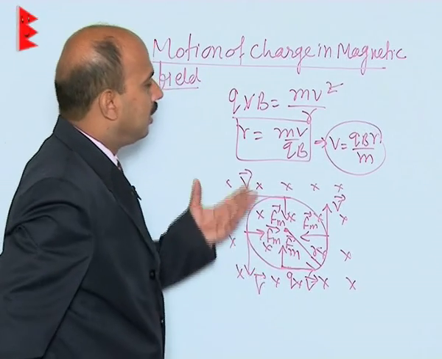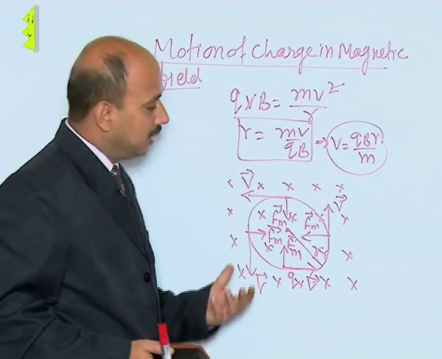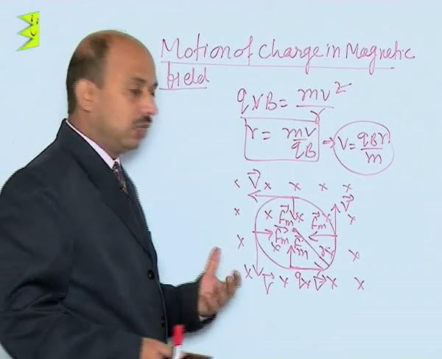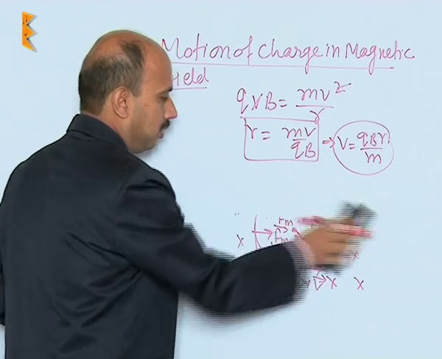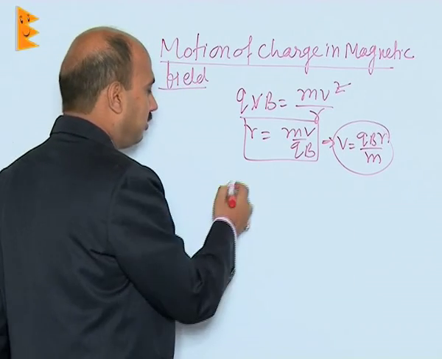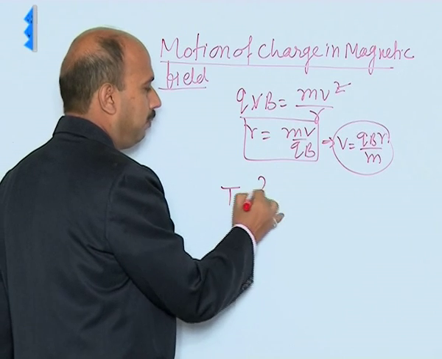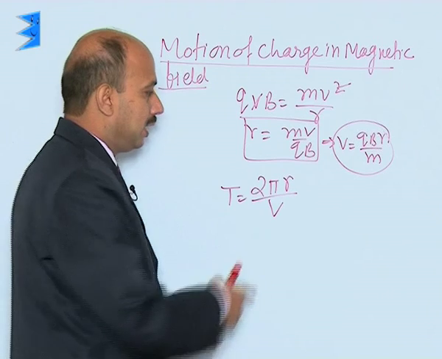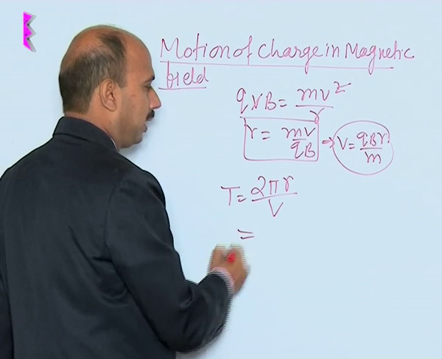Now, we can calculate the time period. Time period is the total time taken by the charged particle to cover one revolution. So, we can write here, velocity we know and radius is known to us. Time period T is equal to 2 pi r upon v. We can replace the value of r from here.